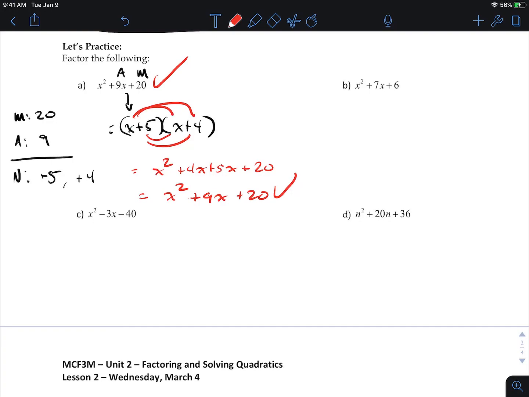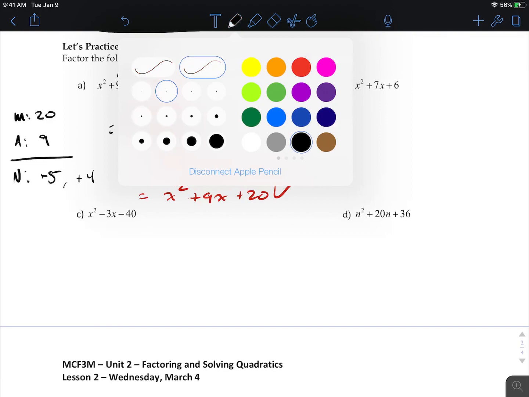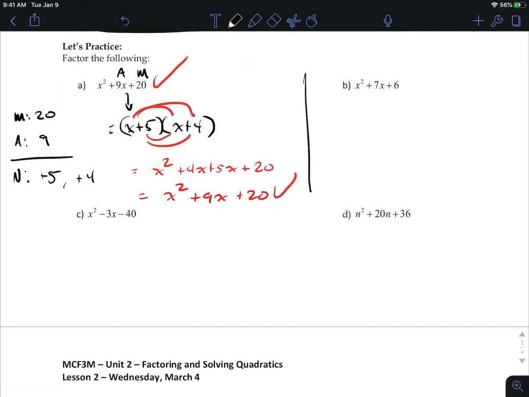Okay, do the next one. So for this one, we need to multiply to 6, add to 7. What do we get?